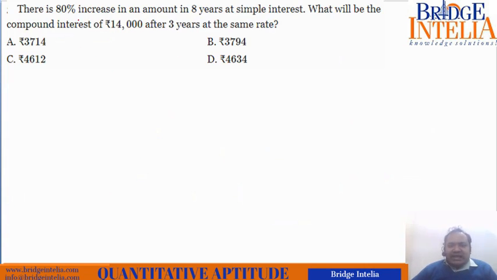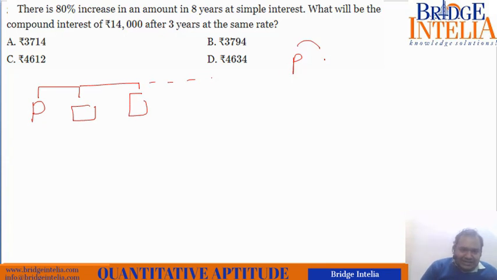There is an 80% increase in an amount in 8 years at simple interest. So what does this mean? It means if you deposited P, in 8 years it increases by 80%. Why? Because each year the bank is paying you. See, in case of simple interest, each year the bank pays you an equal amount.